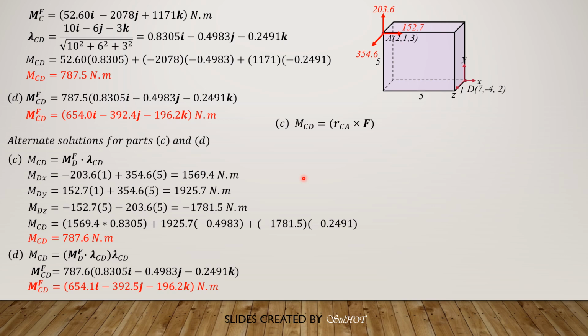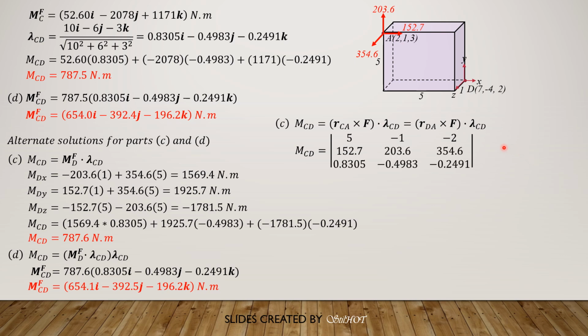Then another way of computing MCD, the direct way, is RCA cross F dot lambda of CD, or RDA cross F dot lambda of CD. So I'll present RCA first. Remember that CA is 5, negative 1, negative 2 direction, refer to the preceding slide. Then the unit vector of CD, so we copy the first two column elements, then evaluate the products of diagonals down to the right as positive, then minus the products of diagonals up to the right as negative.